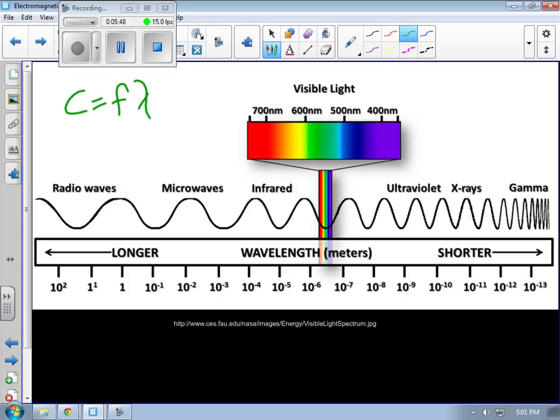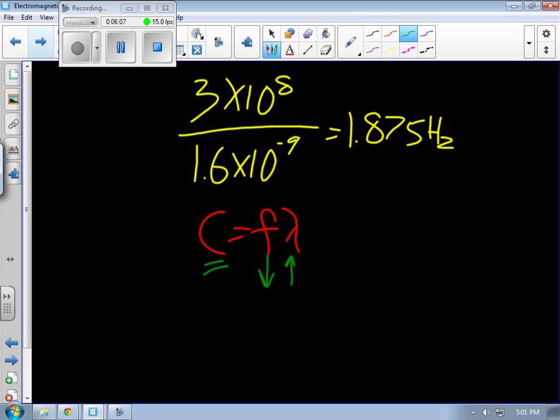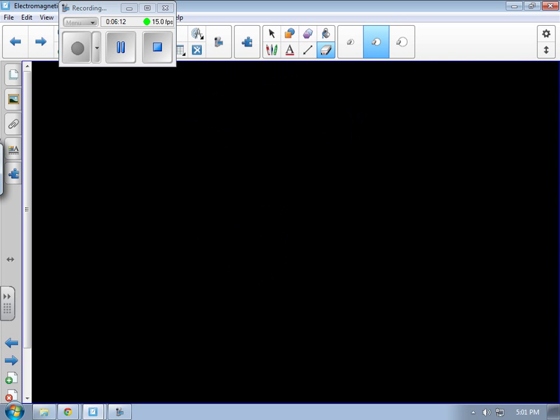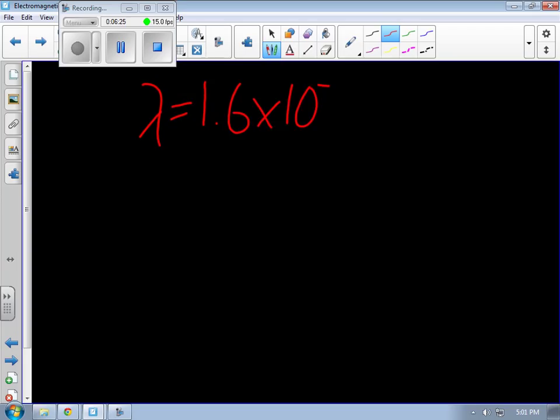Remember, wavelength is symbolized by the Greek letter lambda, which looks like an upside down Y. So let's practice this quick and find the frequency of a wave that has a wavelength of 1.6 times 10 to the minus 9th meters. So our wavelength is 1.6 times 10 to the minus 9th meters.